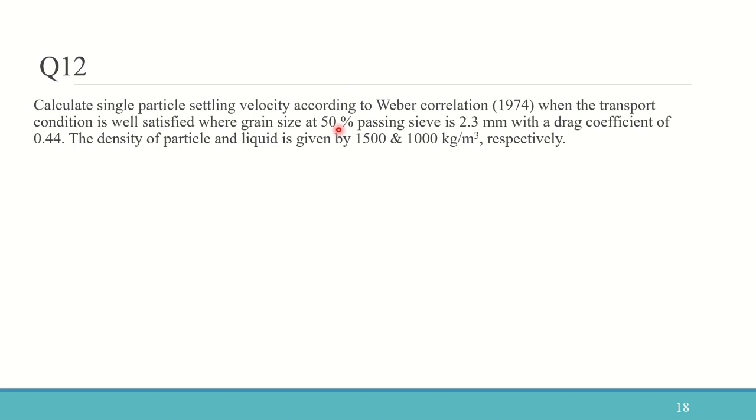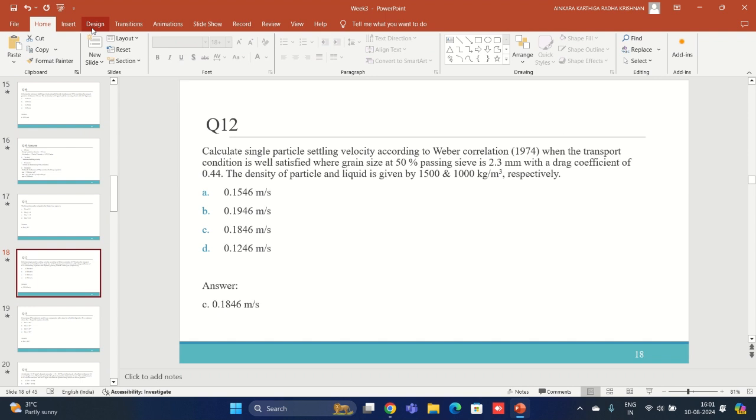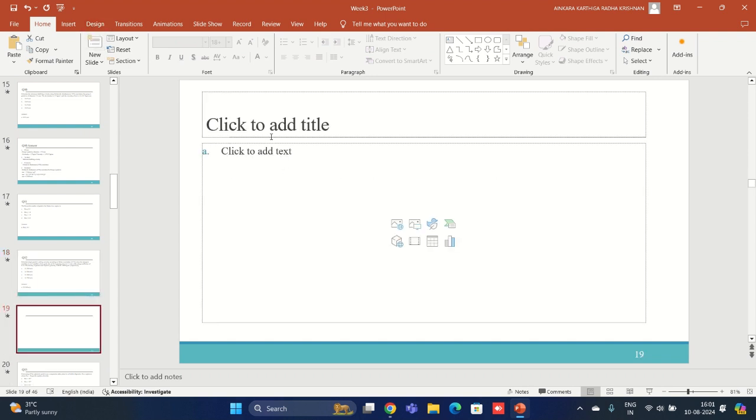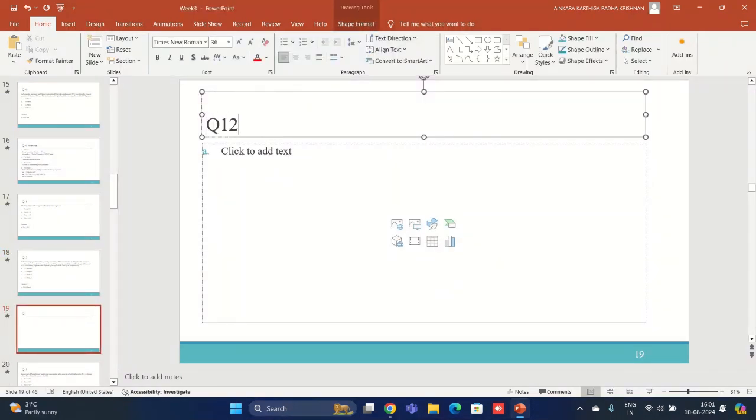So now we'll see how to solve. Options are: A, 0.1546 meter per second. Option B, 0.1946 meter per second. Option C, 0.1846 meter per second. Option D, 0.1246 meter per second. So we'll solve this first. Question 12.